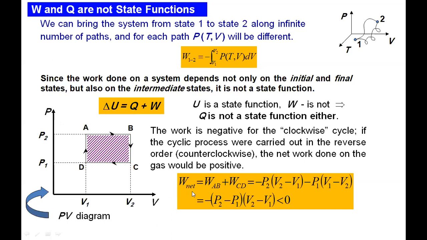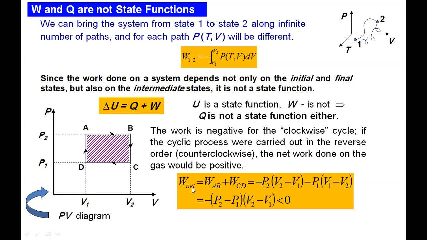So the net work, we have the work from A to B, the work from B to C, the work from C to D, and the work from D to A. But the work from B to C is zero because work depends on the volume, and the volume in this case is constant. So delta V equals zero. Also, the work from D to A is zero because the volume is constant. So delta V equals zero.